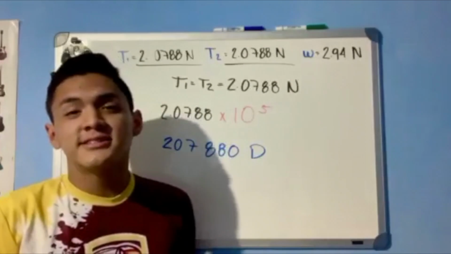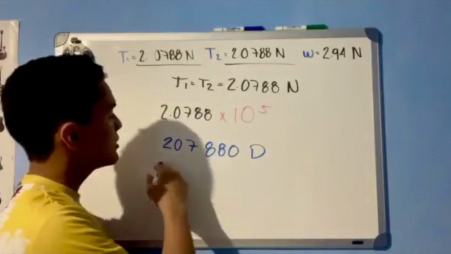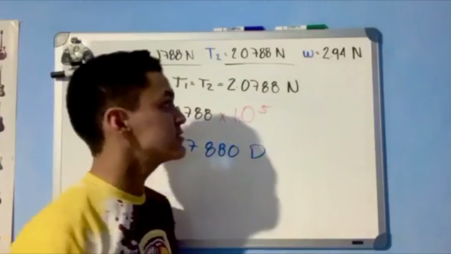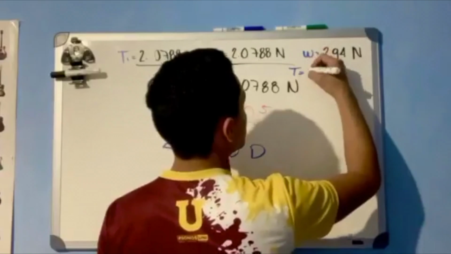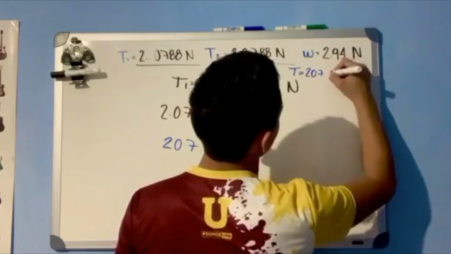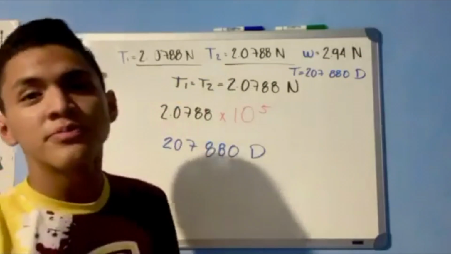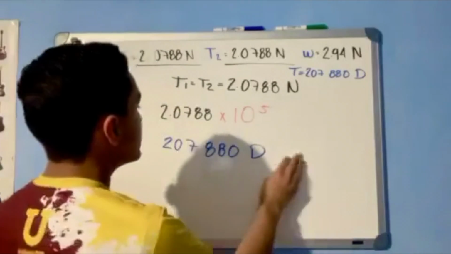As you can see, this is easy, and now I have the number of dynes of the two tensions. The tension is equal to 207,880 dynes. Now I will obtain the dynes of the weight.